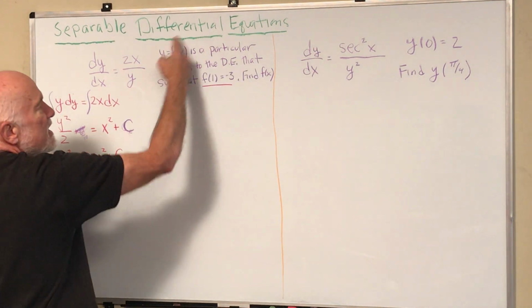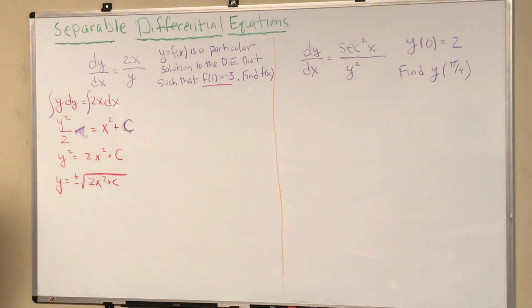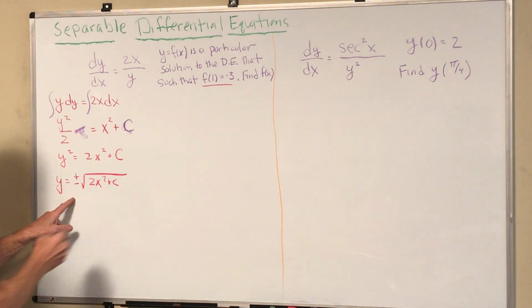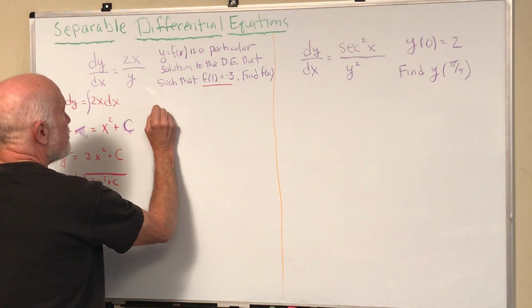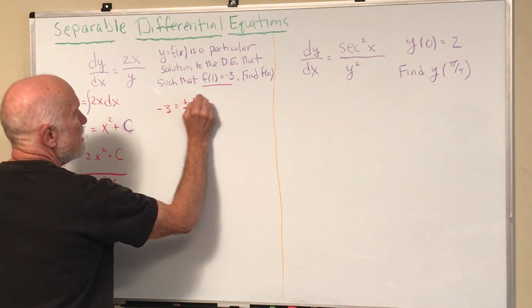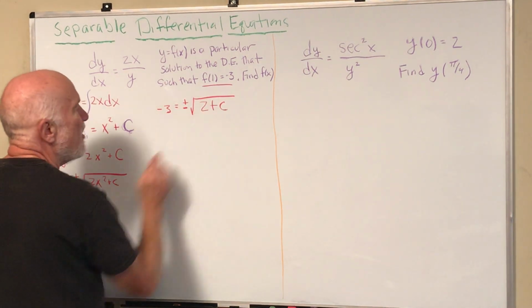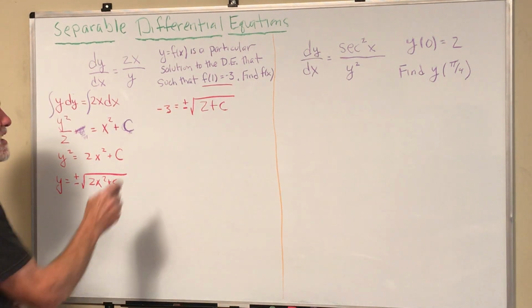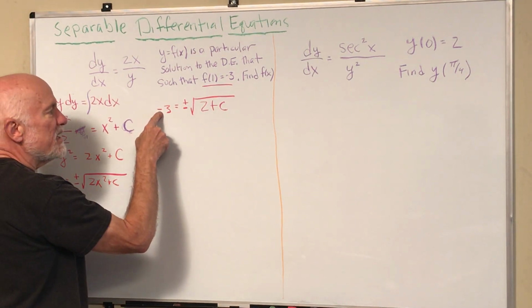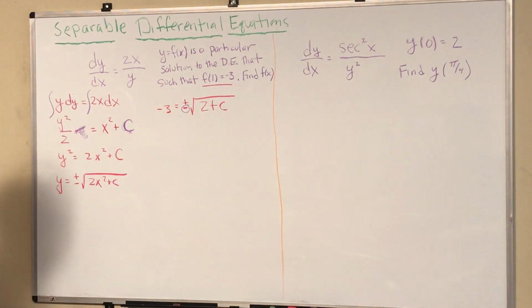This is how often they ask you to solve a differential equation like this. So what I'm going to do is put -3 in for y and put in 1 for x, and from here I can find out two different things. One, because that's -3, we're going to use the negative, not the positive.